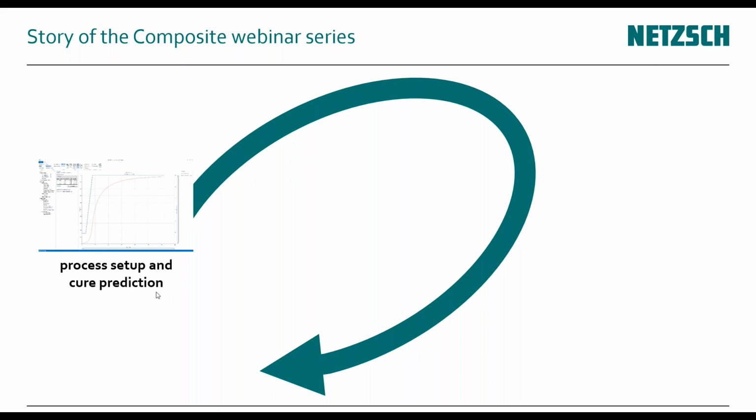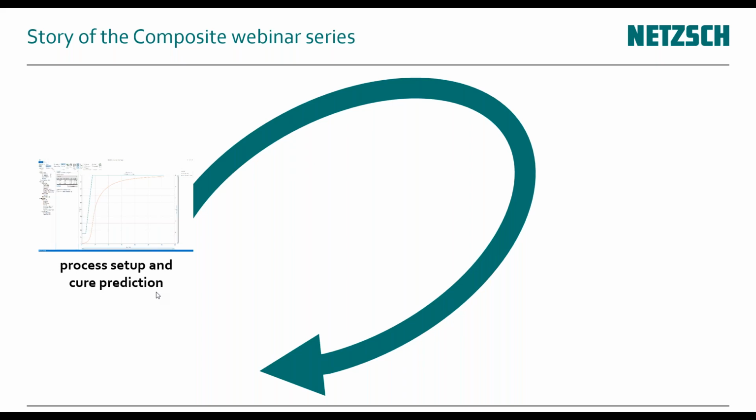We started with the first part: you have a material, a thermosetting resin, and you want to know how to set up your process and how to predict the cure, which is the number one question, the dominating step to control the quality of a composite part.